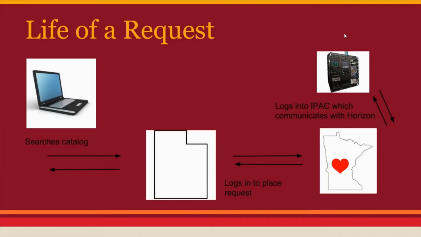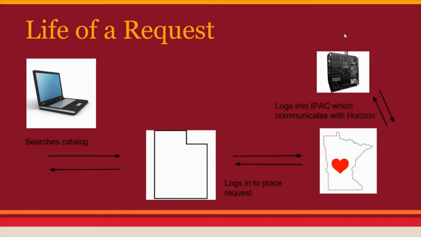So I've got a little, this is the life of a request, right? So when you place a request, you make a search, and all the lines are supposed to be the internet, right? So you're doing a search at home. I'm doing a search in my bedroom, and I search the catalog. I have little Utah here because that's where Cersei Dynix is based out of, right? Lehi, Utah. Now, our server probably actually isn't in Utah. It's probably somewhere in Canada or something where it's cheap. I don't know.